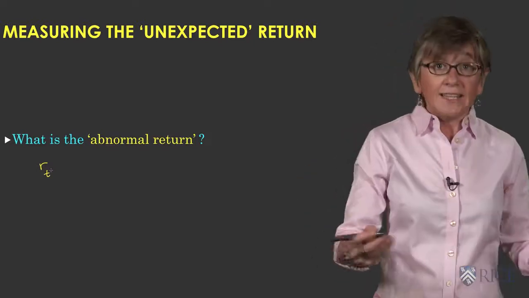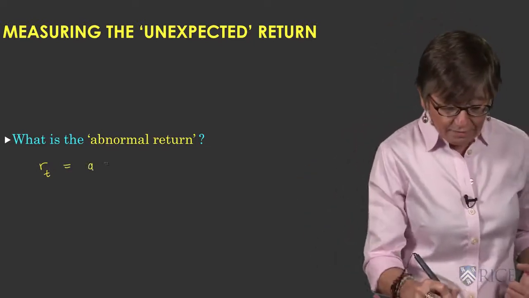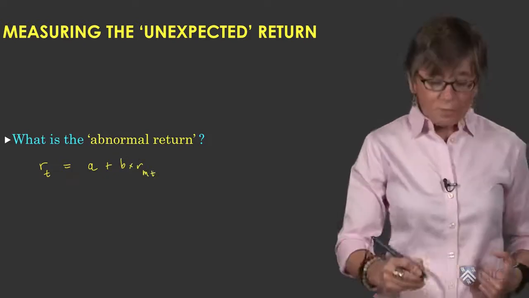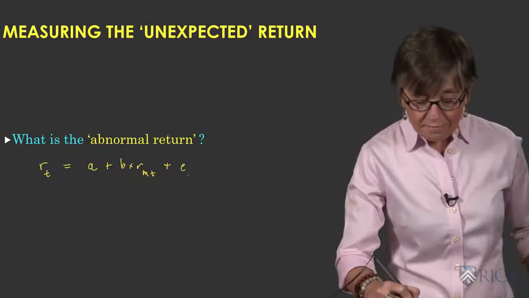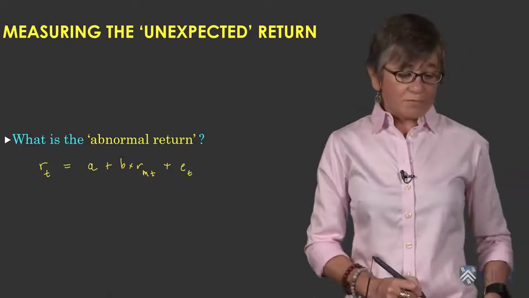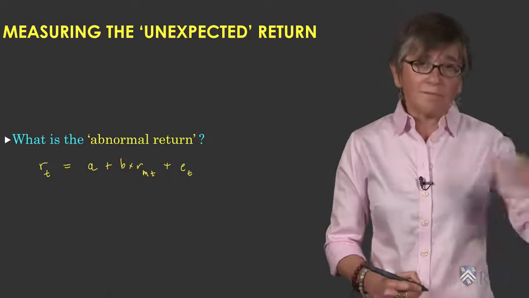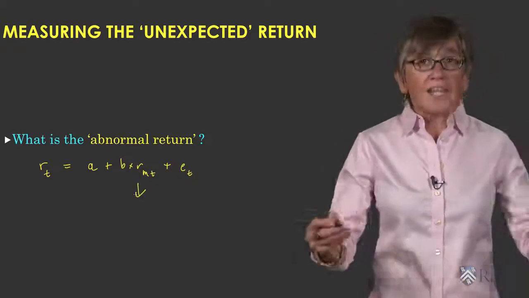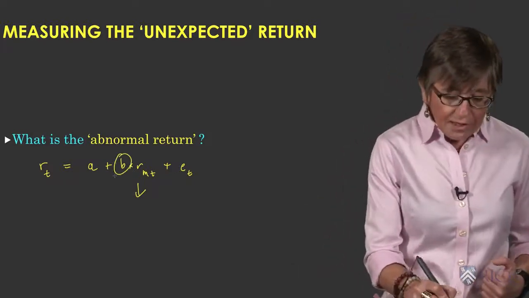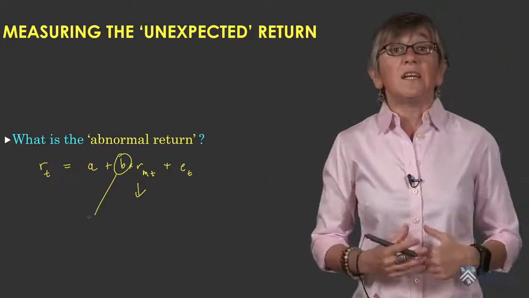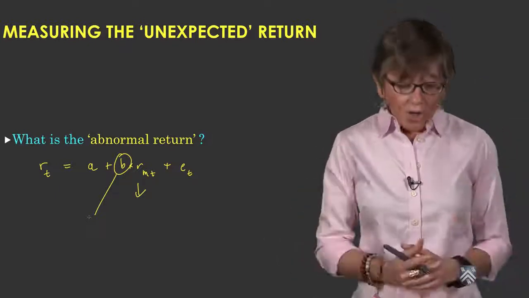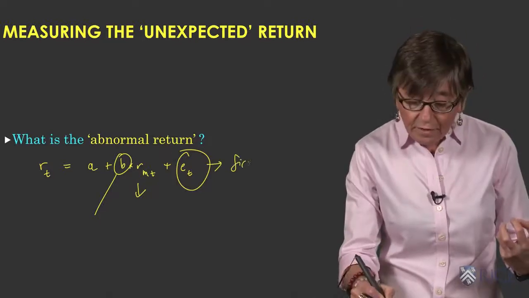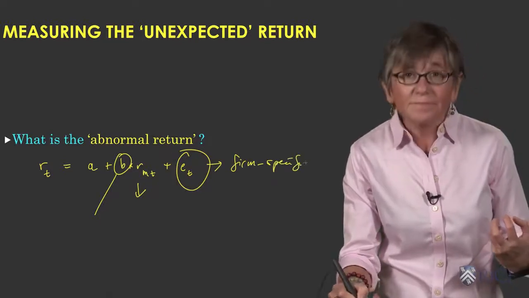We could write an index model as A plus B times the market return plus some idiosyncratic return factor, where T is the time, RMT is the market's rate of return, B is the sensitivity of that stock to the market return, and E is the part of the return that is firm specific.